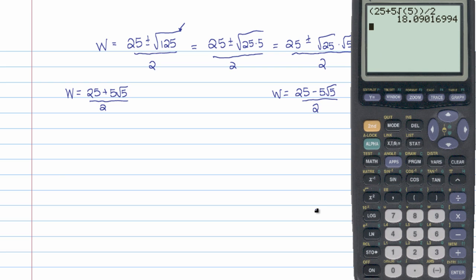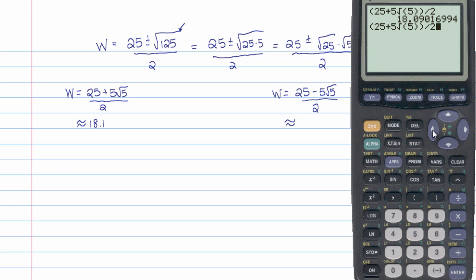And here's what I get for this width, and I'll round it to the nearest tenth. So this width is roughly equal to 18.1. In the other case, I'll write a roughly equal to here. Let me go ahead and recall what I've just typed. So let me hit second, and I'm going to hit the enter button because that gives me my last entry.